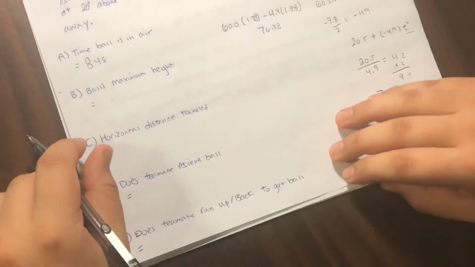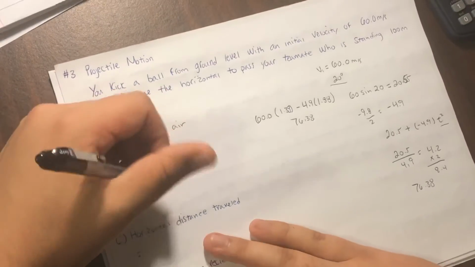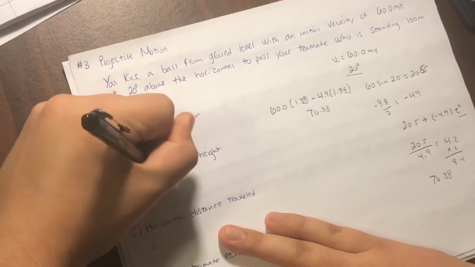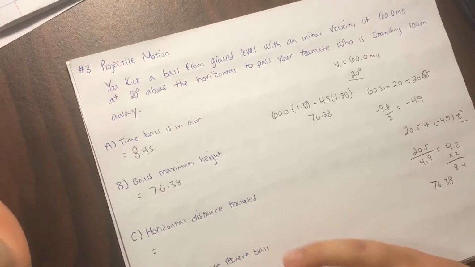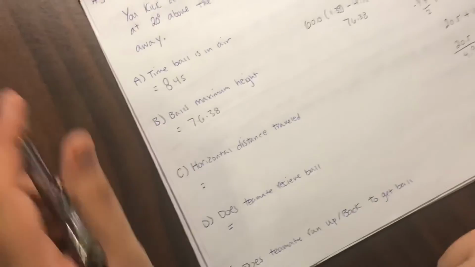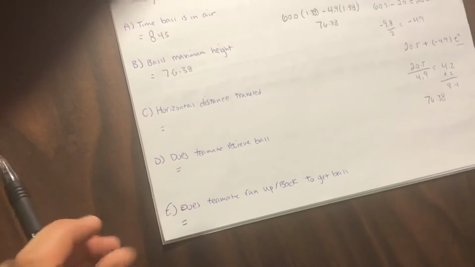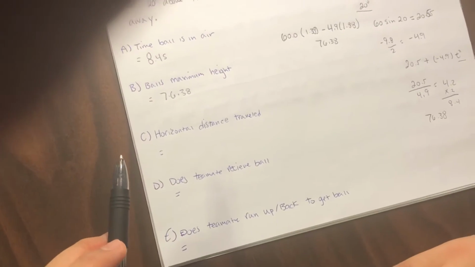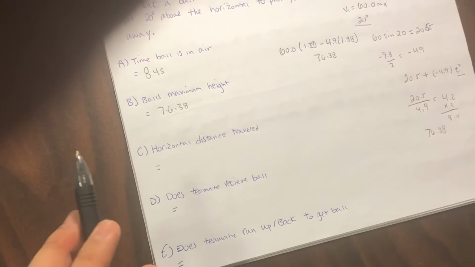And that is your ball's maximum height. Now, the horizontal distance is very simple. Height in feet or inches? Meters.